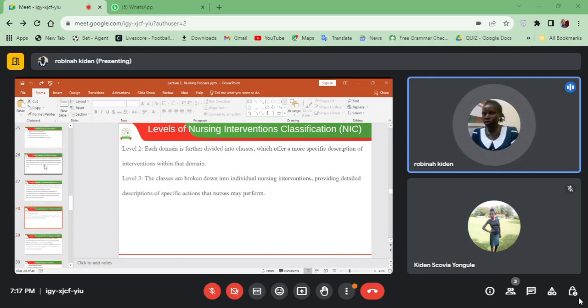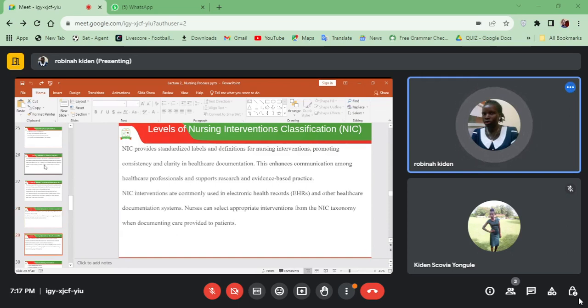As we continue, NIC provides standardized labels and definitions for nursing interventions, providing consistency and clarity in healthcare documentation. So this enhances communication among healthcare professionals and supports research and evidence-based practice. NIC interventions are commonly used in electronic health records, like records where people use computers and many other gadgets, and other healthcare documentation systems.